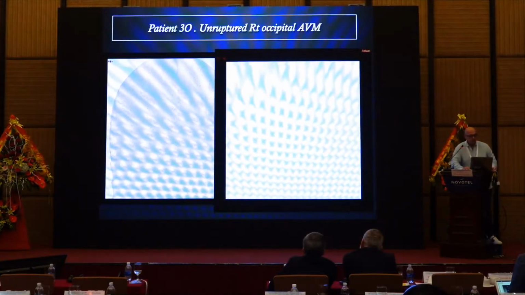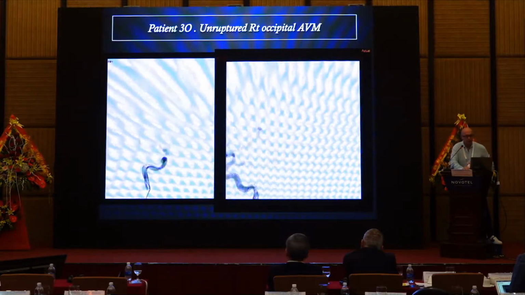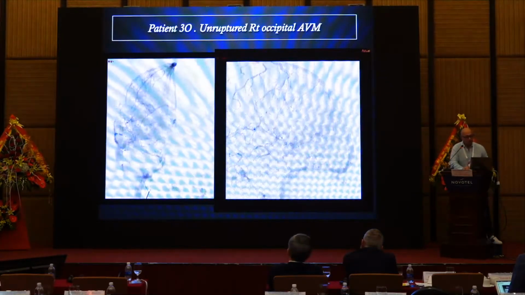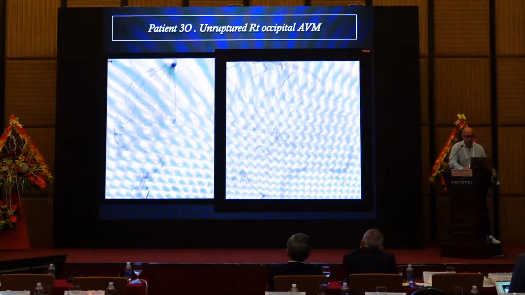Here is another example where we can use both glue and Onyx, and I prefer, when you have a bigger AVM, to start by eroding all the arteries that are in the periphery of the AVM with glue, and finally go inside with the end pedicle with Onyx. This is a very big unruptured AVM of the occipital area.